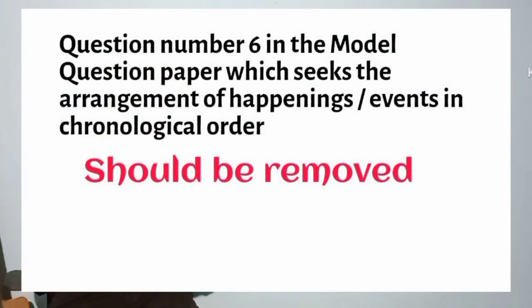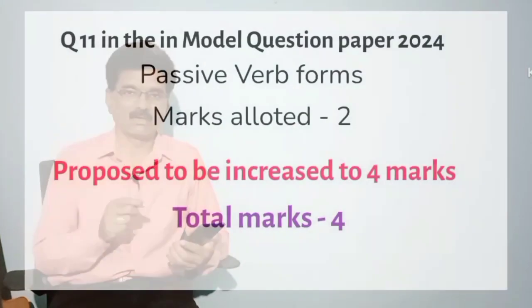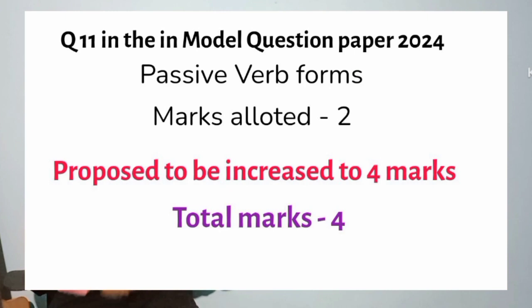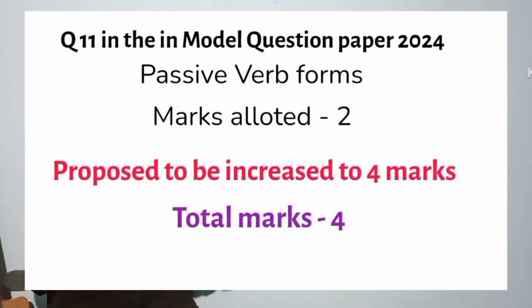So therefore I suggest that it should be completely removed. And next is question number 11, that is passive verb forms. In the model question paper, it is for only 2 marks. So I suggest that it should be increased to 4 marks.